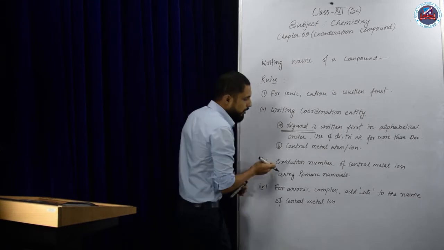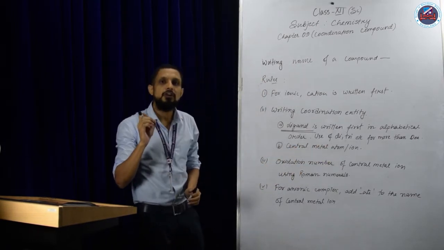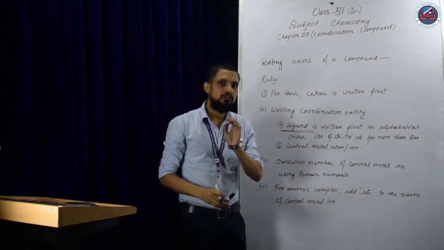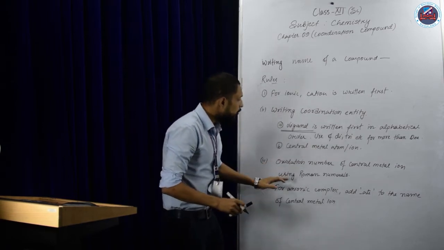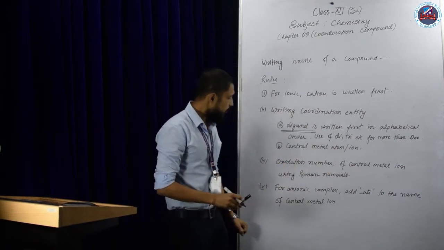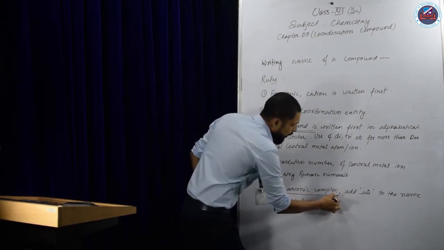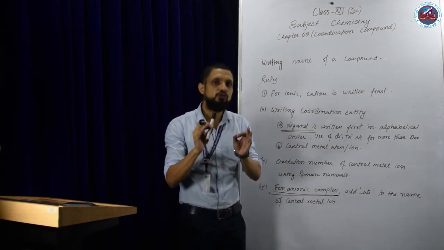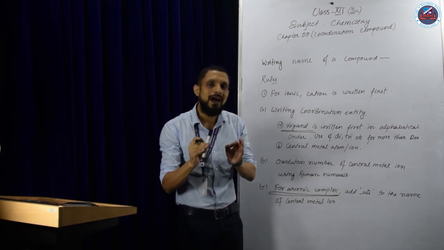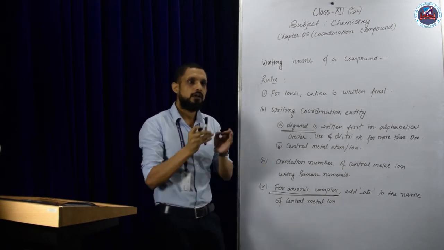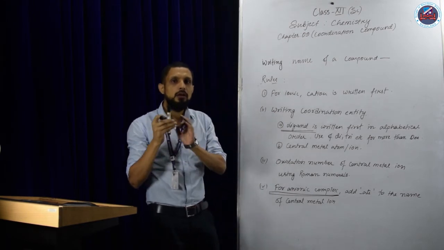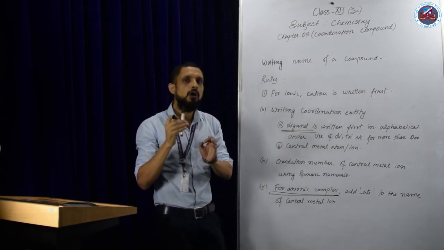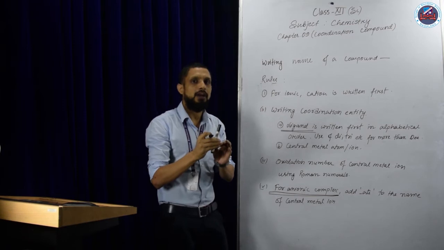Next rule, you have to calculate the oxidation number of the central metal ion, and the oxidation number is written using Roman numerals. Next, in the case of ionic complexes, if it is cationic, there will be no change in the name of the central metal atom or ion. Like cobalt, nickel, platinum, zinc, chromium is written for neutral or cationic.